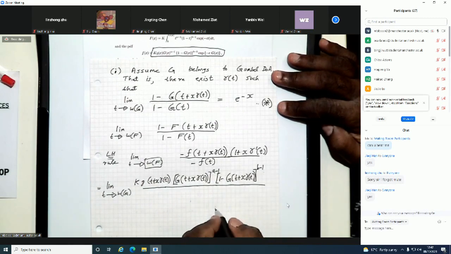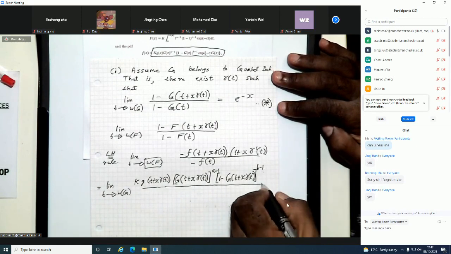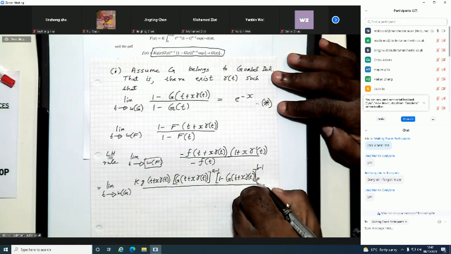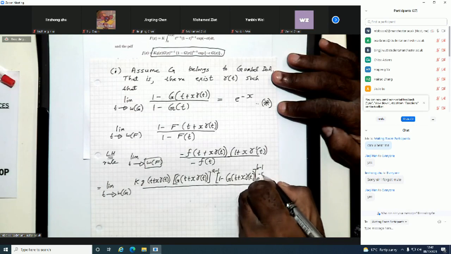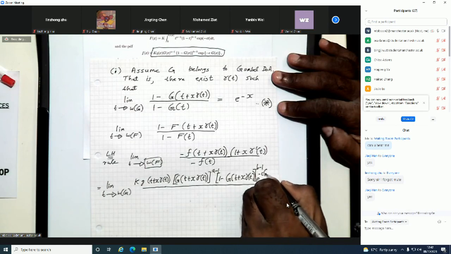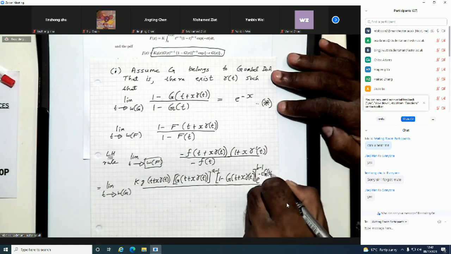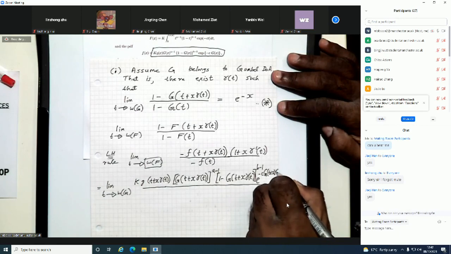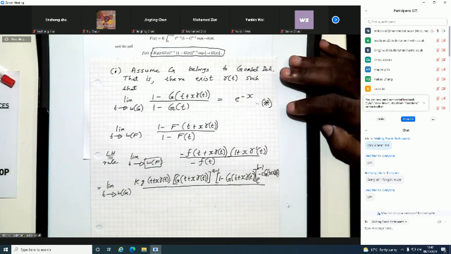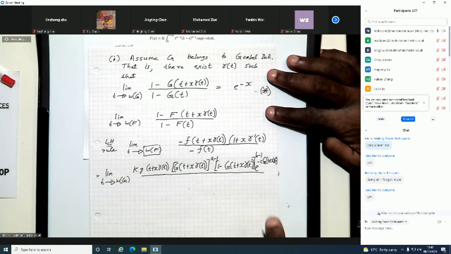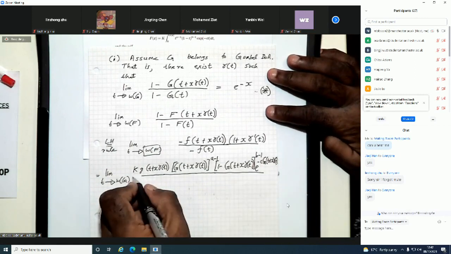Right, and then I'm running out of space here, so it's going to be e to the minus c, like this, right? I'm sorry for not writing it clearly.